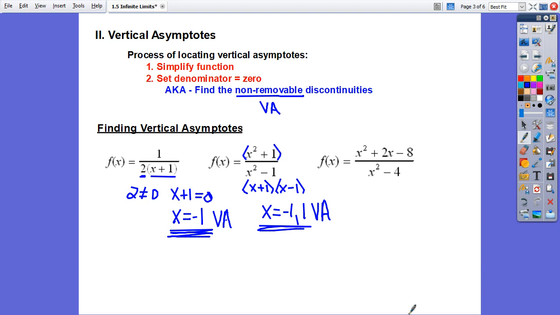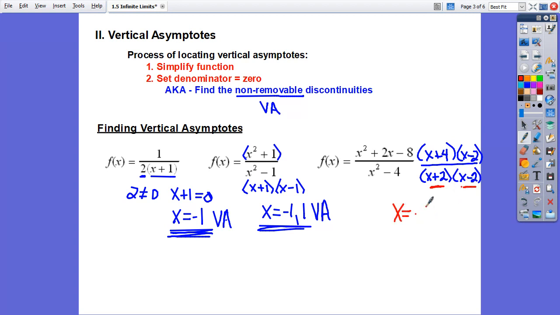Looking at the last one, we look to factor, and it looks like the numerator should be able to be factored. So let's see if we can do that. We get x plus 4 and then x minus 2. And then in the denominator, it's the difference of two squares, so x plus 2 and x minus 2. Okay, so the two undefined values, the two discontinuities, are negative 2 from that factor and 2 from that one.